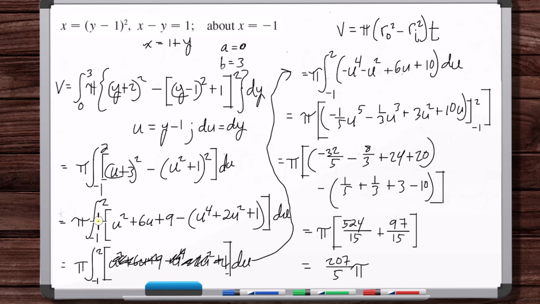Okay, so u squared plus 6u plus 9 minus u to the fourth minus 2u squared minus 1. So minus u to the fourth, and then u squared minus 2u squared is minus u squared, and then 6u, and then plus 9 minus 1 is 8.